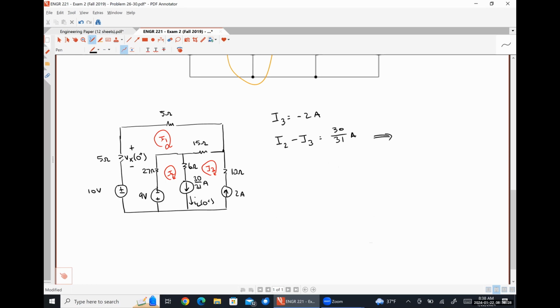And so that means that I2 is 30 over 31 plus negative 2, so minus 2, which is negative 32 over 31 amps. So the only thing that we have left to solve for is I1, and we'll get that by writing a KVL equation around mesh 1.